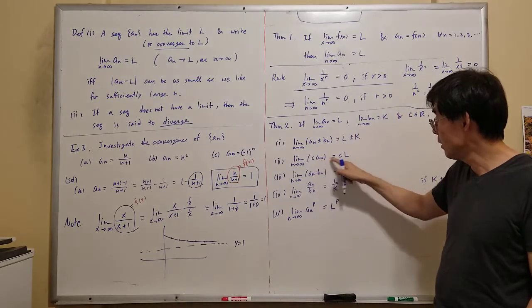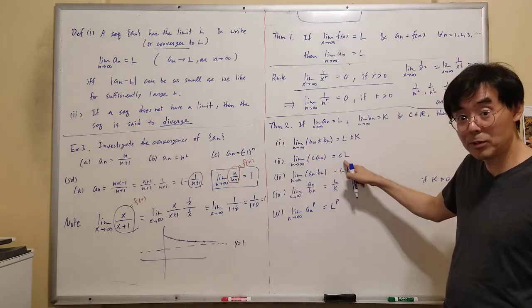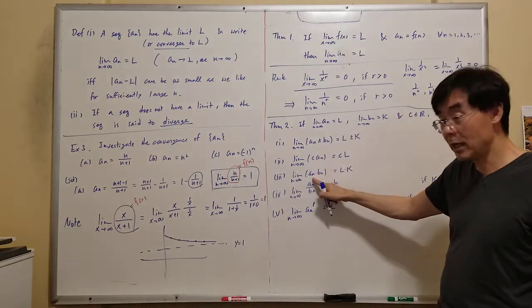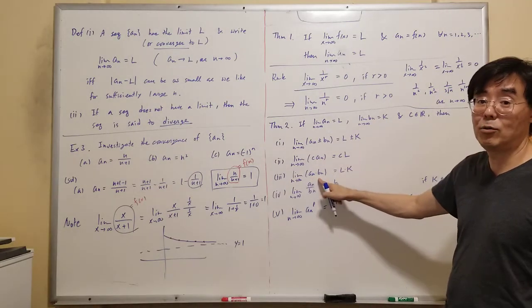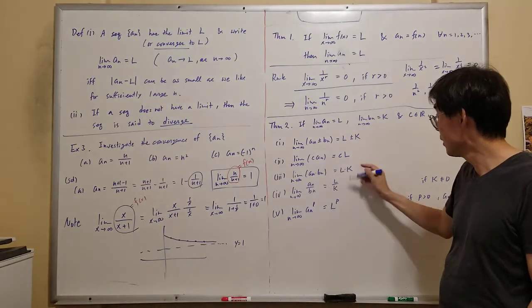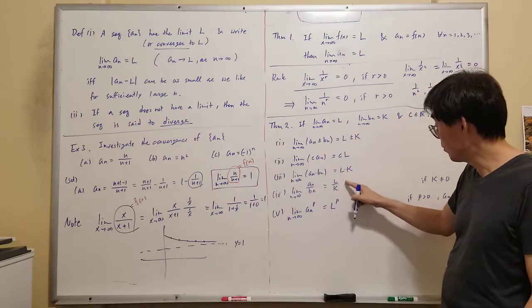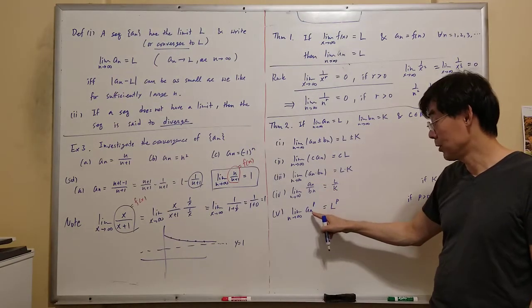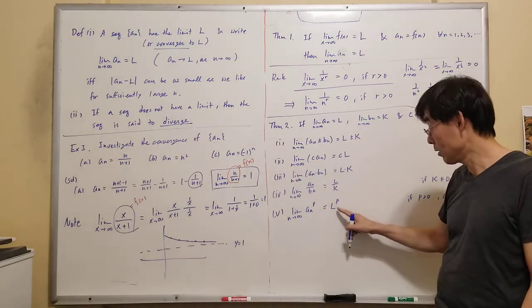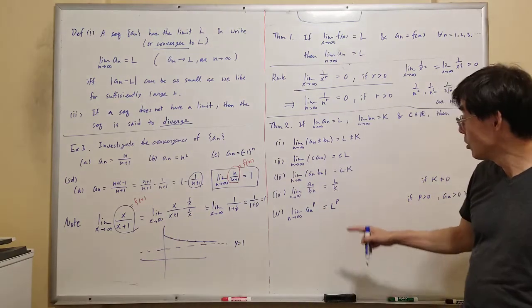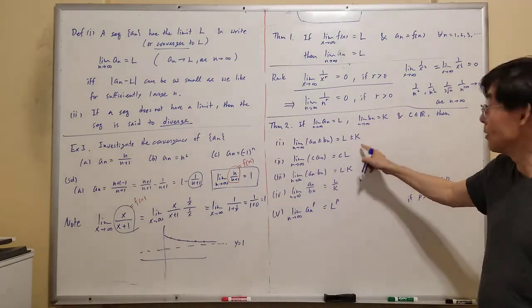Almost L times c will be very close to cL. Almost L times almost k will be almost L times k. Almost L over almost k will be almost L over k. Almost L to the p power will be very close to L to the p power. So this really makes sense.